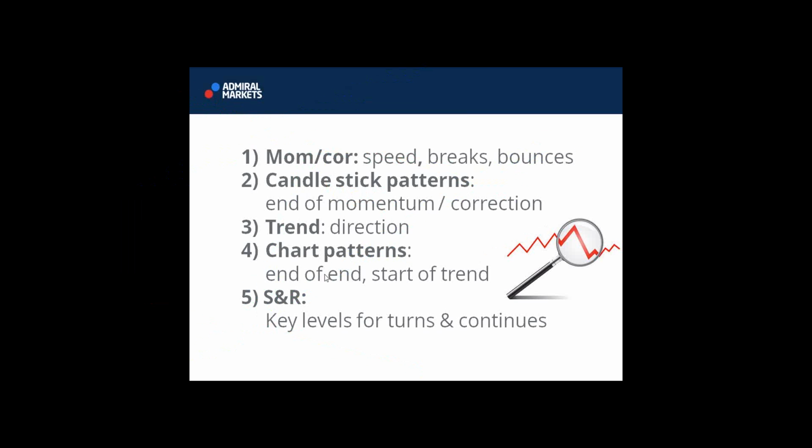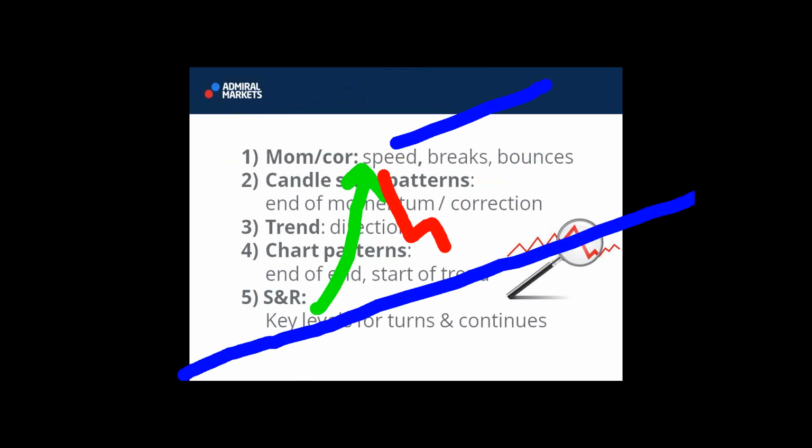Then we can look at chart patterns. For instance, let's say that we have an upside momentum and we have a zigzag and we have an uptrend channel like this, but let's see, prior to this, let me take a look at that. Here, prior to that, we have something like this.